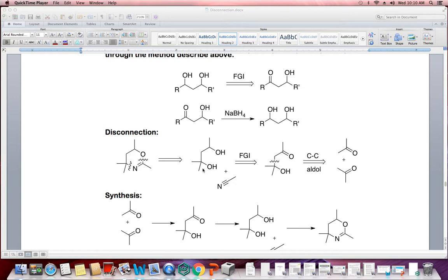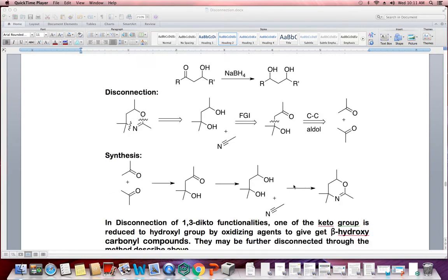This is basically a 1,3-dihydroxy compound, and for disconnection through aldol condensation we have to convert one hydroxyl functionality into carbonyl compound. So we convert this hydroxyl functionality into carbonyl compound, and after the conversion we can disconnect the carbon-carbon bond next to hydroxyl functionality, and this will be the part of enolate ion, and this will be the part of carbonyl compound.